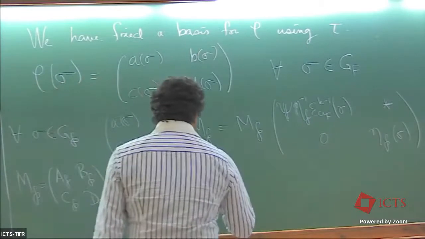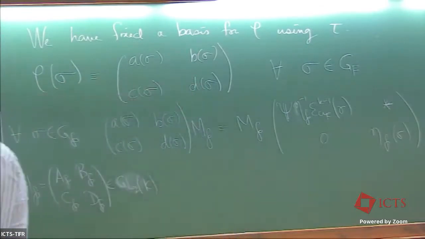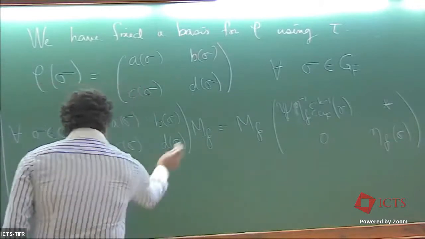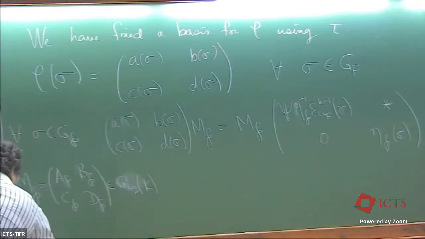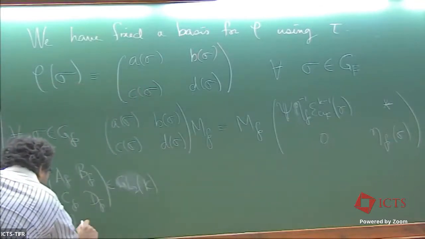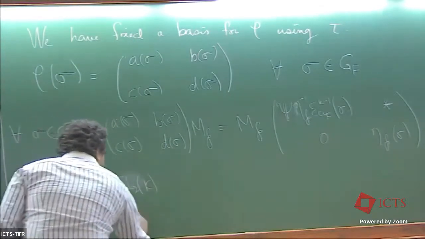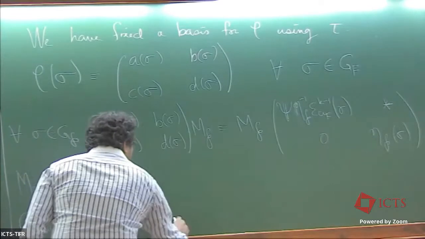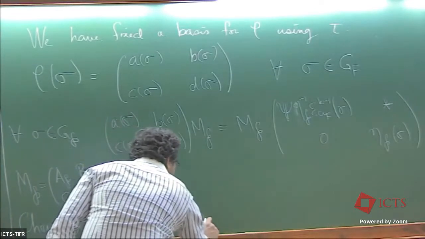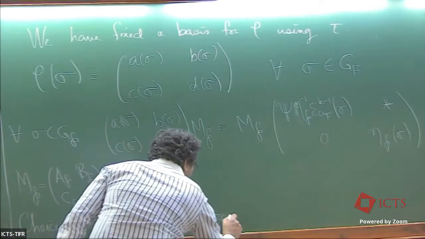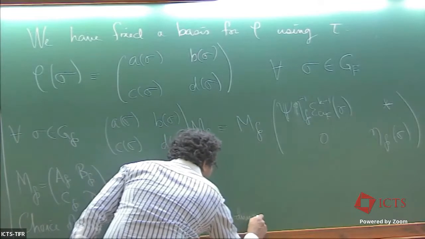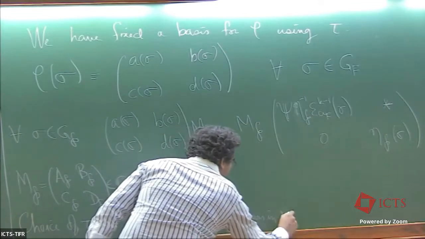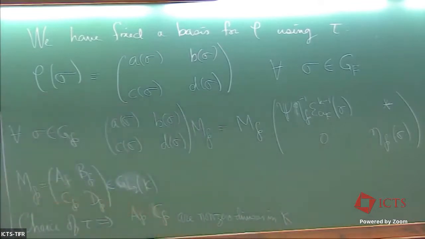All right, and our choice of tau. So this is why the choice of tau is important. The choice of tau implies that A_P and C_P are non-zero divisors in K. K is just a product of fields, right?